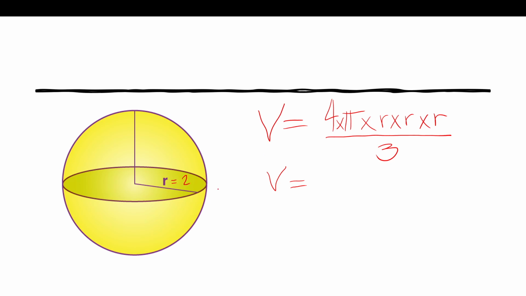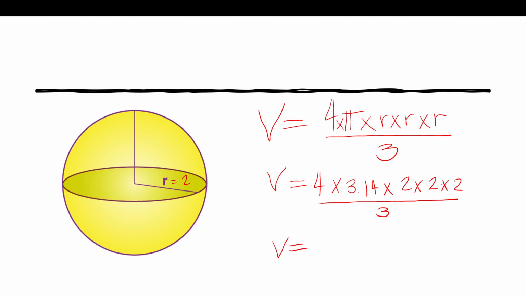So, bumalik tayo kay 2. So, kung 2 units sa radius, ano magiging number sentence? So, magiging 4 times 3.14 times, ayun na po yung ating radius, 2 times 2 times 2, divided by 3.